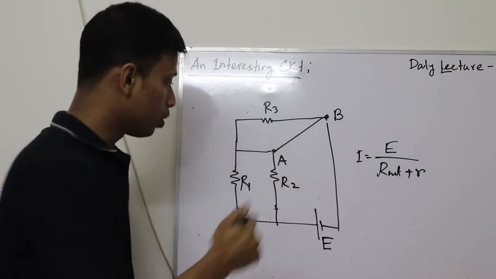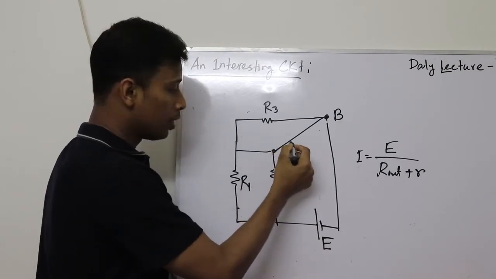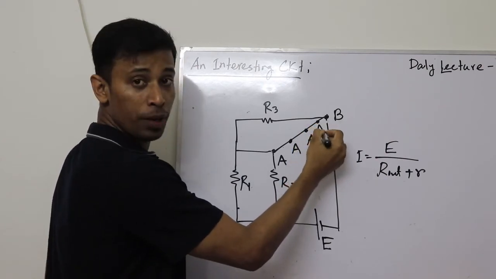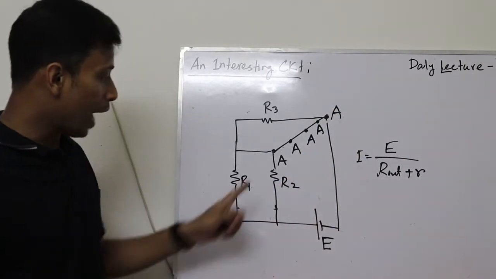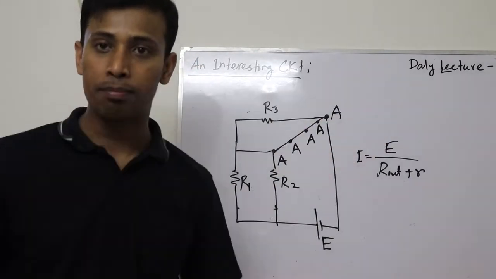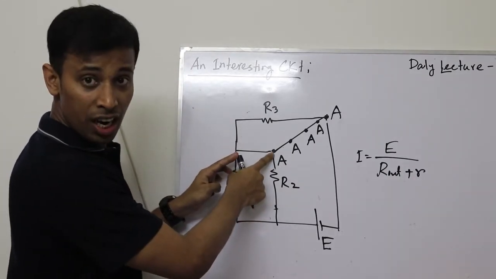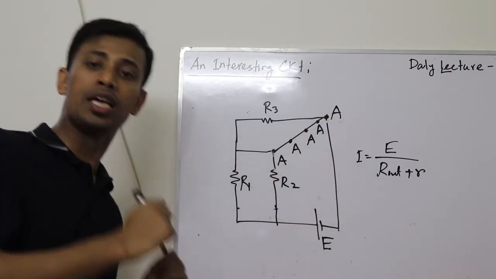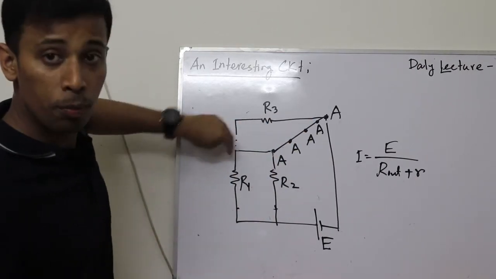If this point is A, because we are starting from here, then this should be A, this should be A, so this B point will also be A. As all these points are in the same line, they are the same point, so all the current which reaches here will definitely reach here. So no current will flow through R3, so R3 will be washed out.